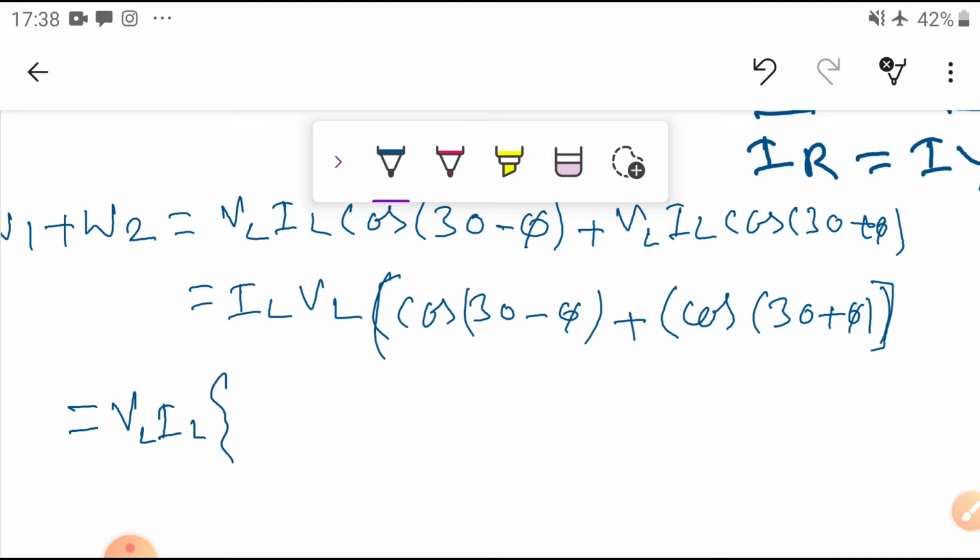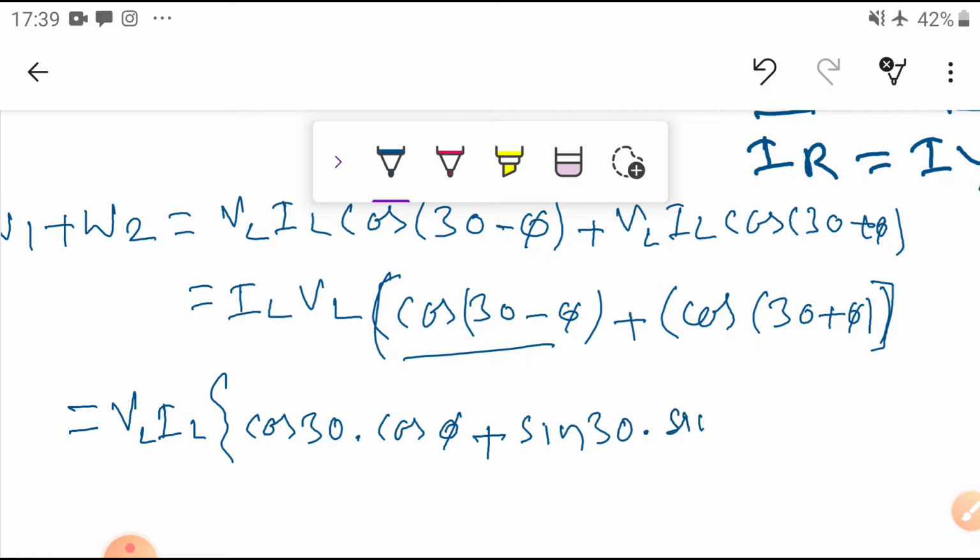From this one I can write, cos 30 into cos 5 plus sin 30 into sin 5.